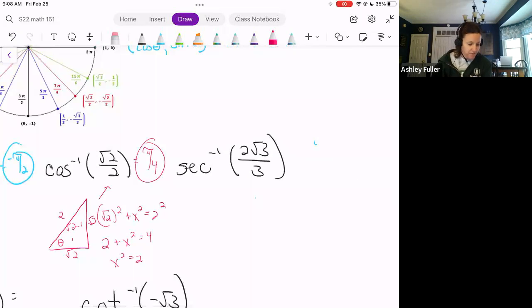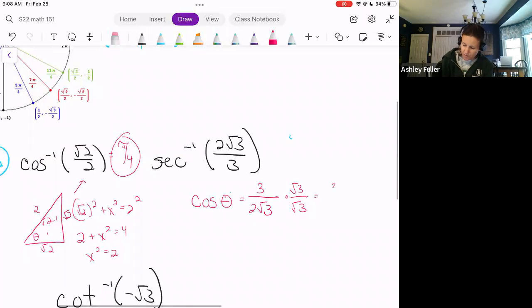To evaluate the inverse secant, remember that we can also evaluate this as we want the cosine of theta to equal 3 over 2 square roots of 3. If we rationalize that denominator, I'm going to multiply top and bottom by square root of 3 over 3, which leaves me with 3 square roots of 3 over 6, or square root of 3 over 2.